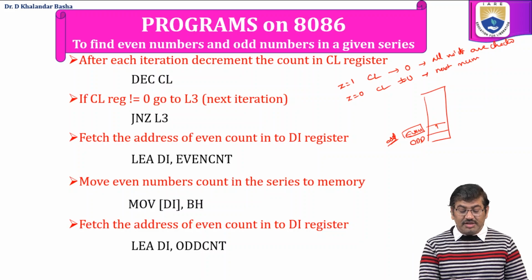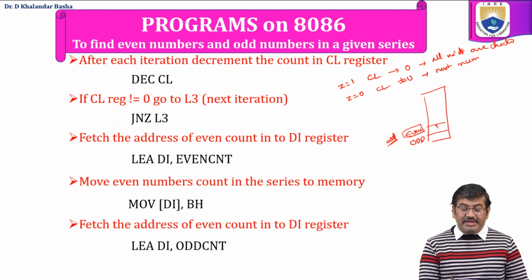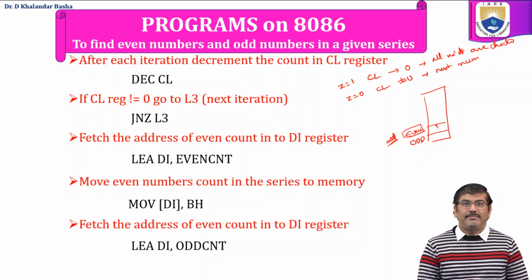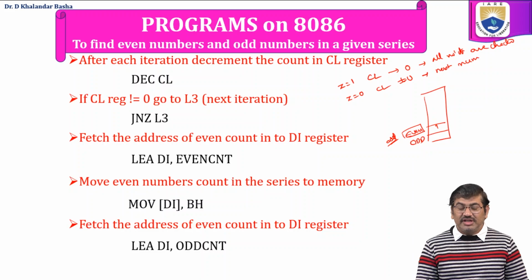For fetching the address, we use the instruction load effective address, that is LEA DI, even count. This instruction fetches the address of the even count and loads it into DI. Once the address is fetched, we have to load the BH register contents, because we have reserved the BH register for the even count.